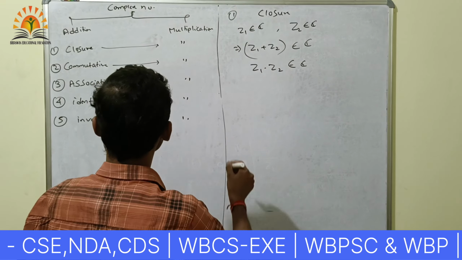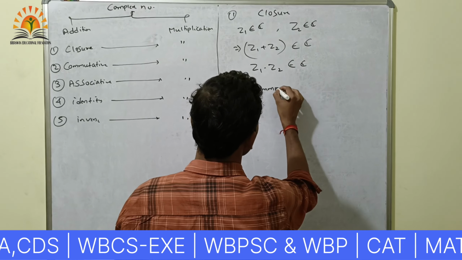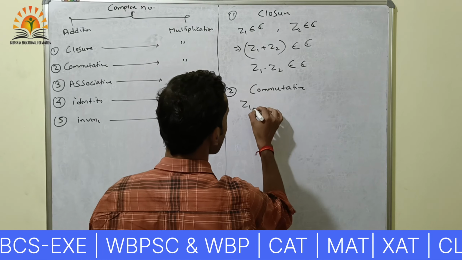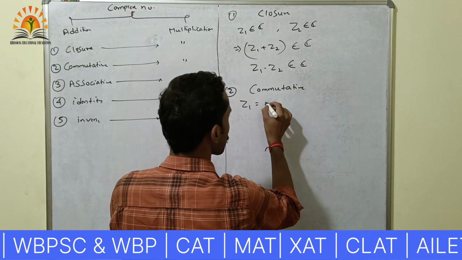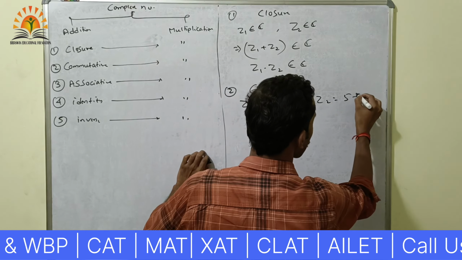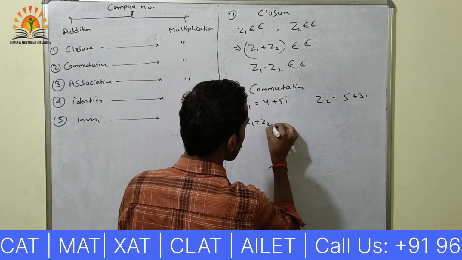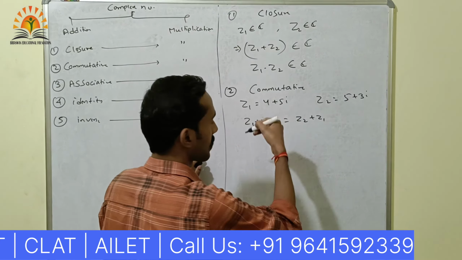Understood? Now the second property, commutative. The commutative property says, for example, if Z1 is equal to 4 plus 5 iota and Z2 is equal to 5 plus 3 iota, then if I add Z1 plus Z2 or Z2 plus Z1, it gives the same result.